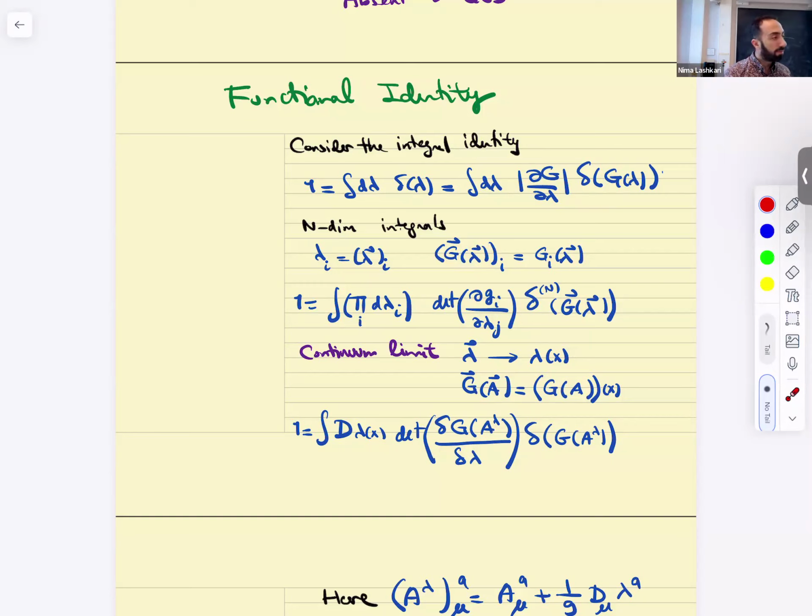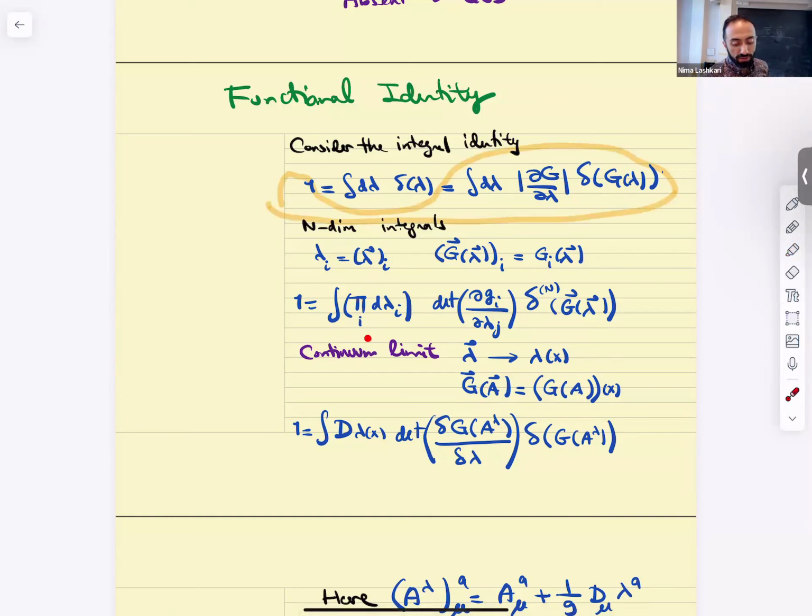I put in a vector and get a vector, so it's like a linear transformation. So the analog, once it's n-dimensional, becomes 1 equals the integral of the product over i of d lambda_i, times the determinant of this linear transformation, times the n-dimensional delta of this.